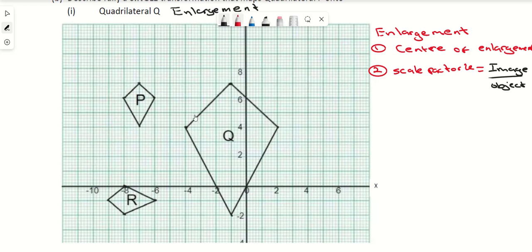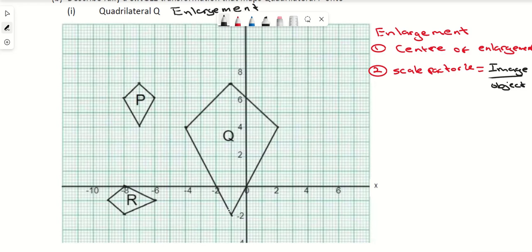So first off, let's find our scale factor. You can take the length of anything in Q and measure it. This is 1, 2, 3, 4, 5, 6, 7, 8, 9 units, so my image is 9 units.